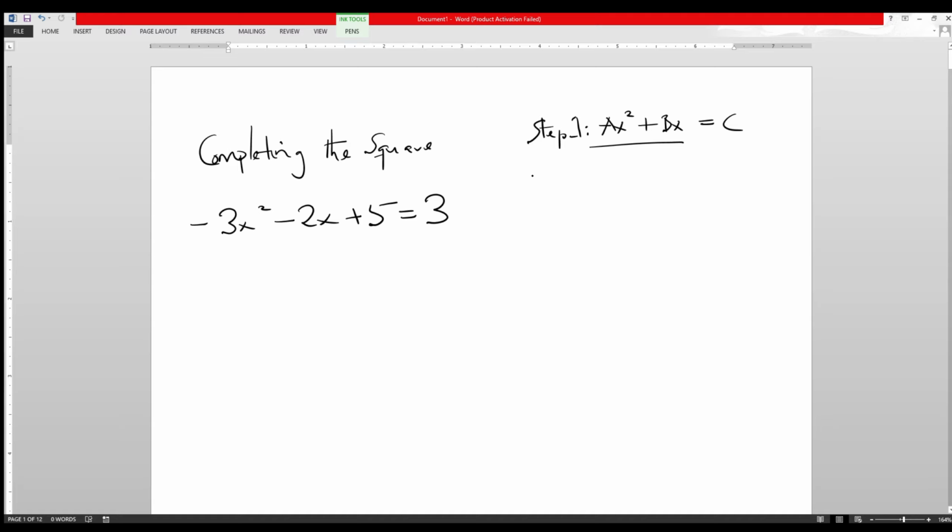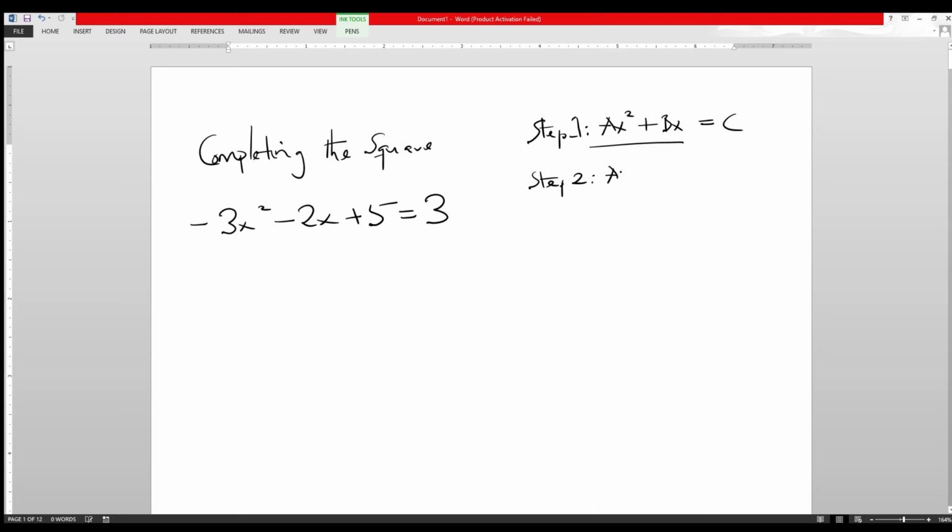Step 2. The leading coefficient of x squared must always be 1, meaning the number in front of x squared must always be 1. So how do we achieve that? It means we need to divide the equation by a.